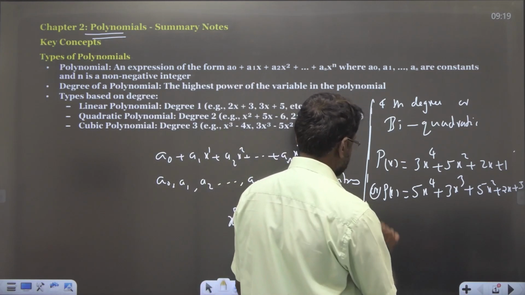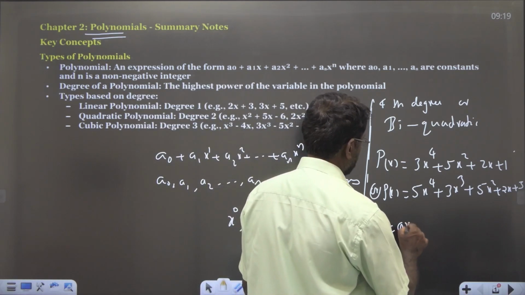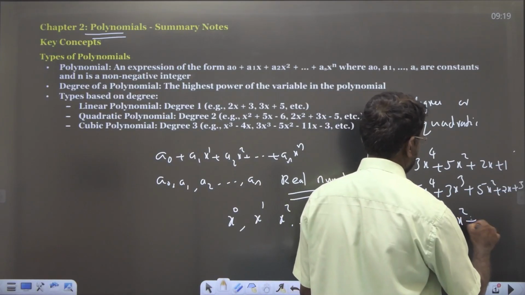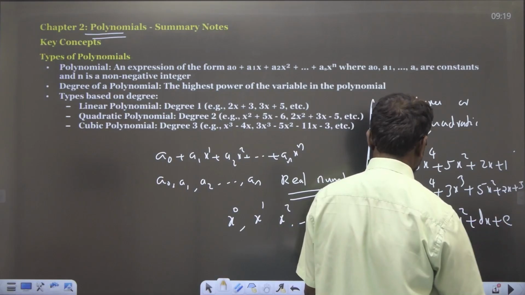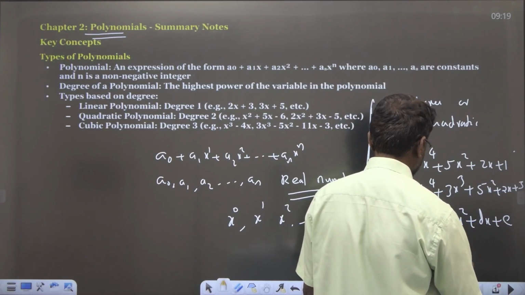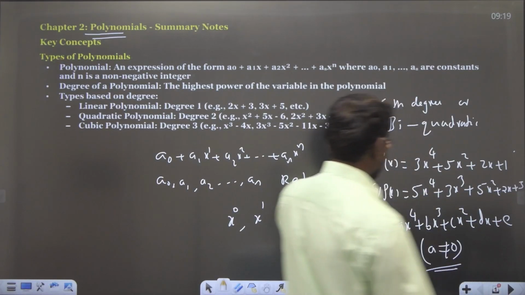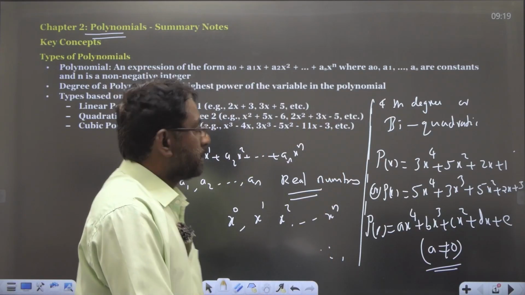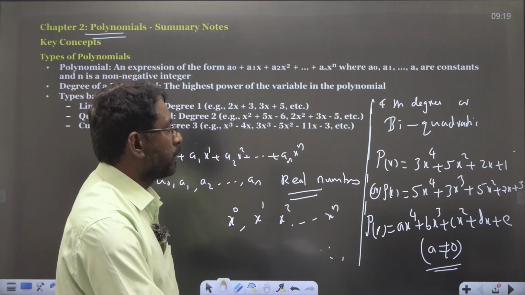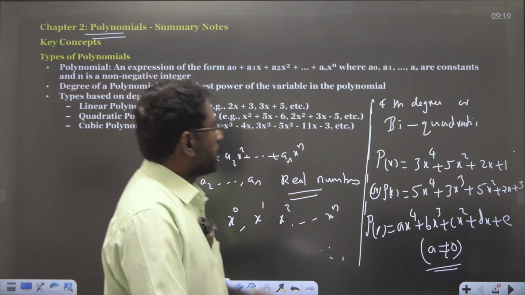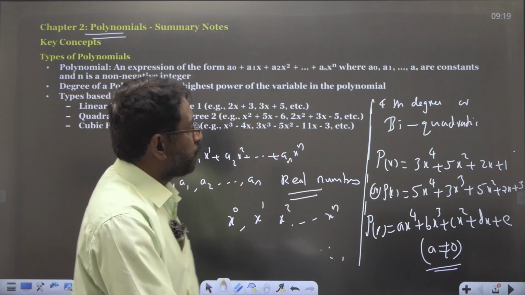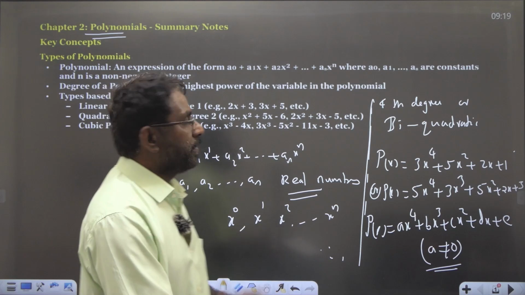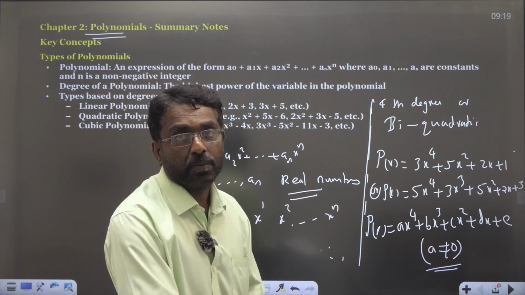The general form is p of x is equal to ax raised to 4 plus bx cube plus cx square plus dx plus e, where a not equal to 0. These are the various types of polynomials. For degree 5, 6, etc., we generally just say polynomials.